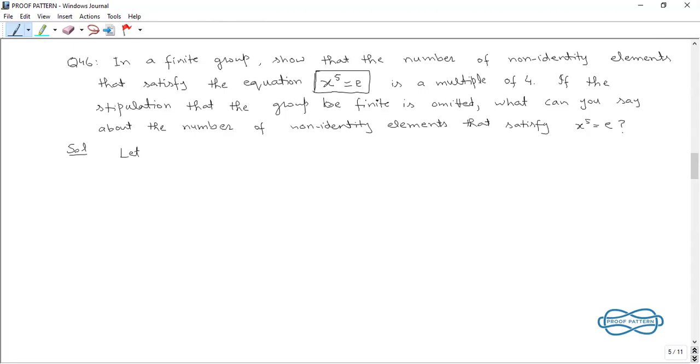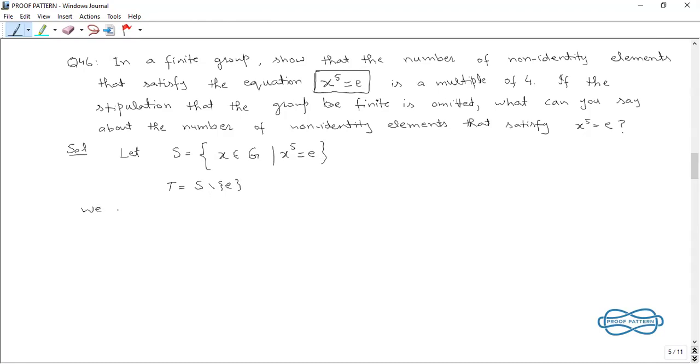Let S be the collection of those elements of group G such that if we take their power 5 we get the identity. Now we have to find the cardinality of this S, but as we have to find the number of non-identity elements, we consider T equal to S minus the identity element.